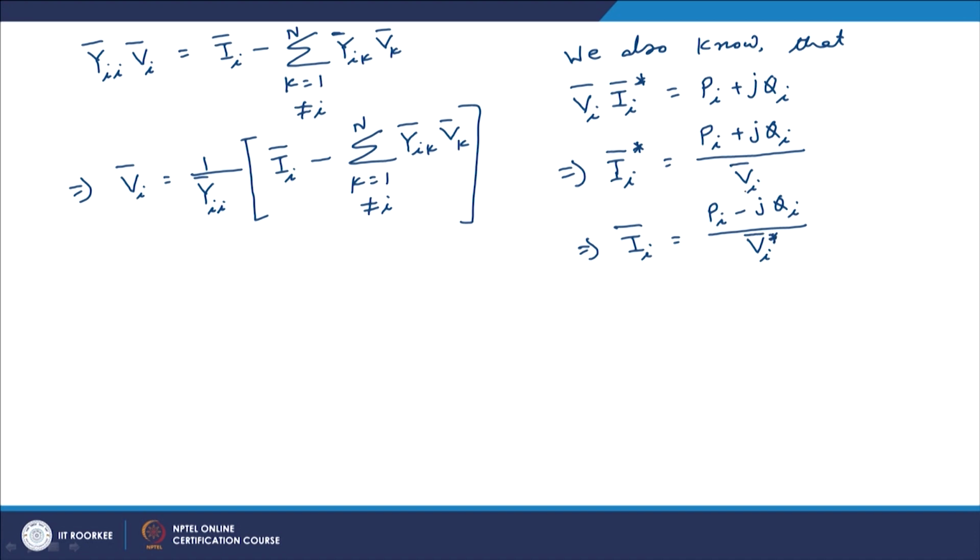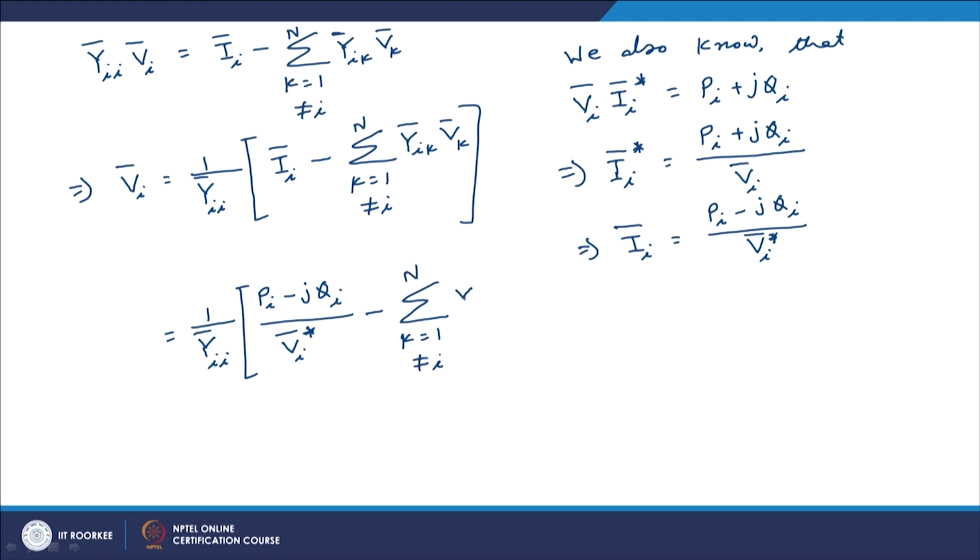So, we replace this in this equation. From here we can write Vi is equal to 1 by Yii times [(Pi minus jQi) by Vi star minus the sum over k equal to 1 to n, k not equal to i, of Yik Vk].